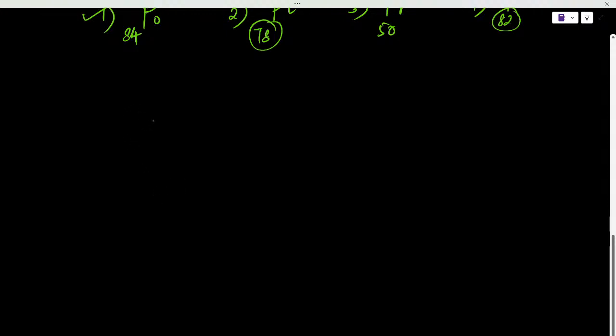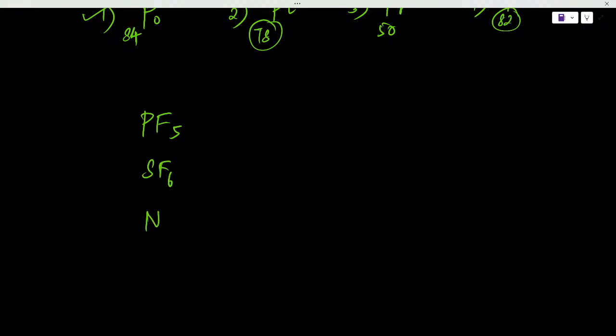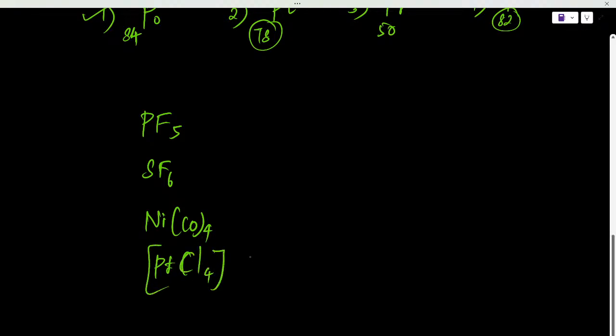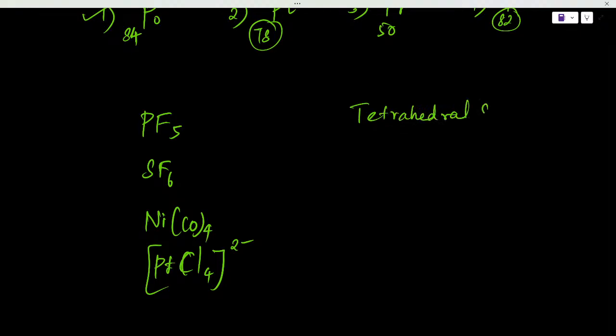This is a column type of question: PF5, SF6, nickel carbonyl complex and PtCl4 complex. They are asking us to match the columns. The first one is tetrahedral, sp3, let us say this is 1.